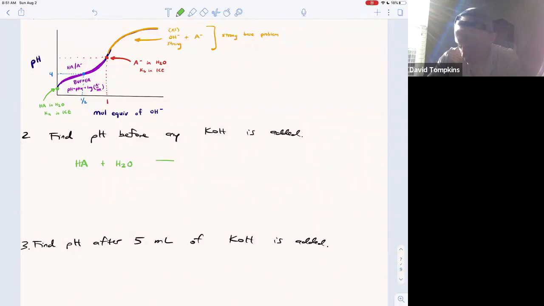Both of those are weak, or this is a two-way arrow, and the equilibrium constant is the Ka value. Because it's a two-way arrow, it's an equilibrium table, and we use molarity. HA dissociates to form hydronium and A minus.